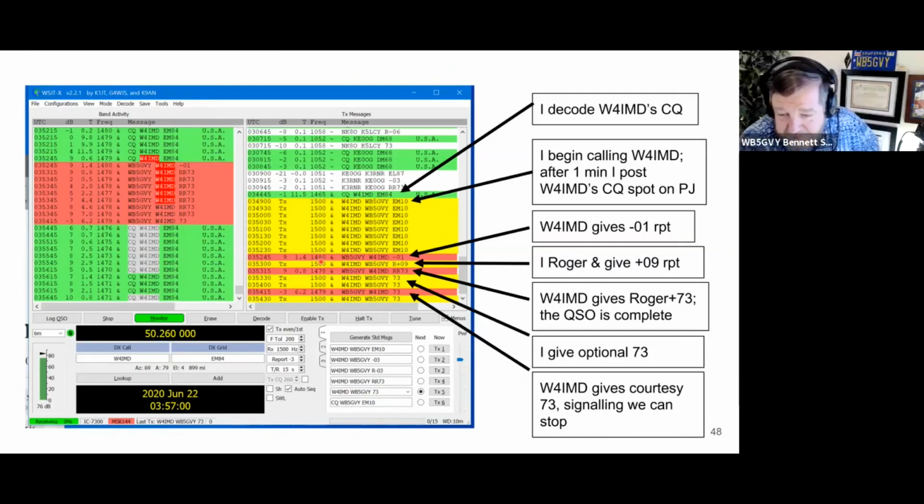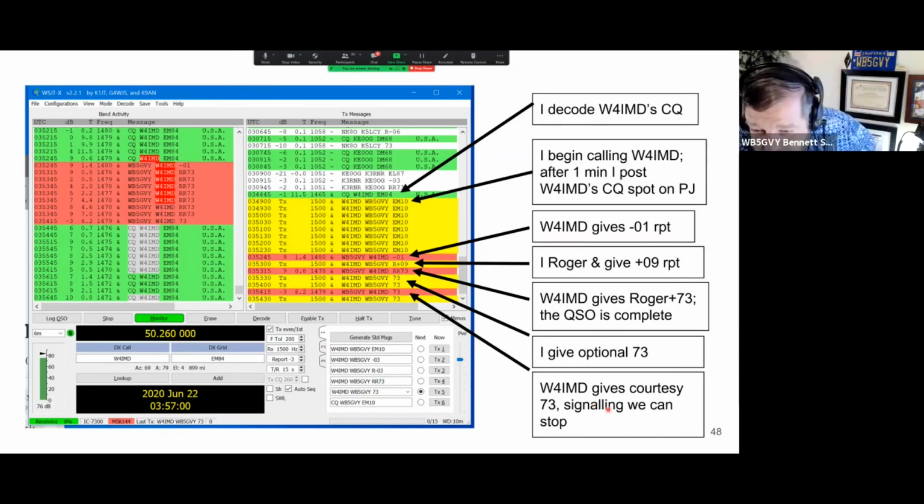So here's the same thing, but in the view from WSJT-X. The green line shows that I'm receiving his CQ. I began transmitting to him, calling him with my grid square.